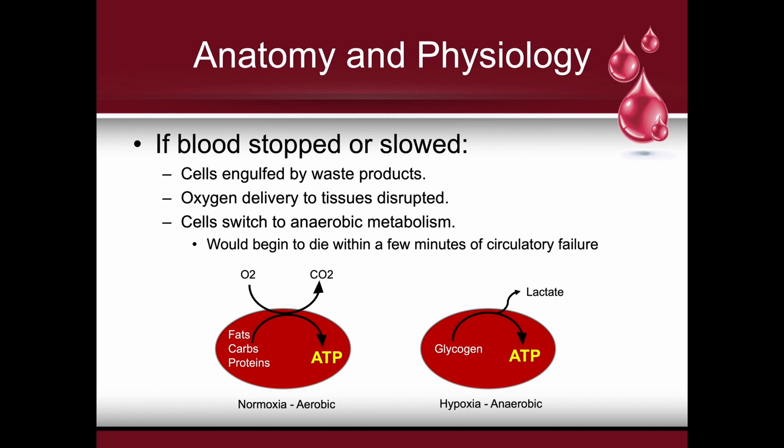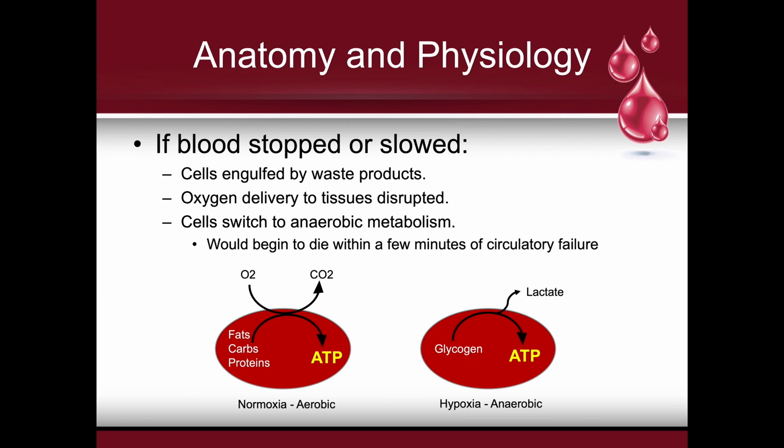If blood flow were to stop or slow, cells would not be able to eliminate waste. Oxygen delivery to the tissues would be disrupted. Cells switch to that anaerobic metabolism, without air, without oxygen, right? Cells would begin to die within a few minutes of circulatory failure. And then to survive, the body compensates to maintain a systolic blood pressure and perfusion to the brain and the heart at the expense of other areas.